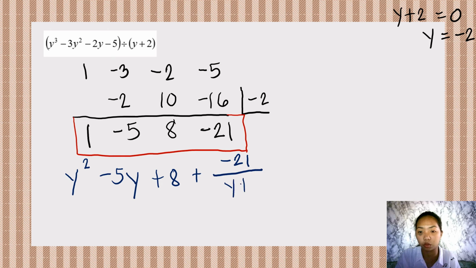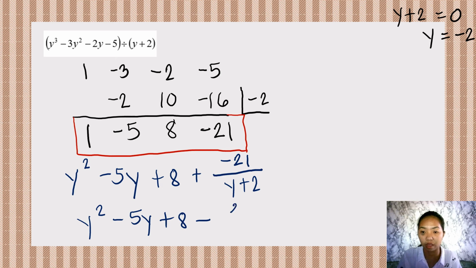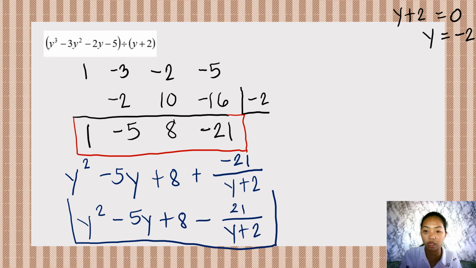By rewriting it, we have our quotient: y squared minus 5y plus 8 minus 21 over y plus 2. Minus because our 21 is negative. So we have now our quotient.